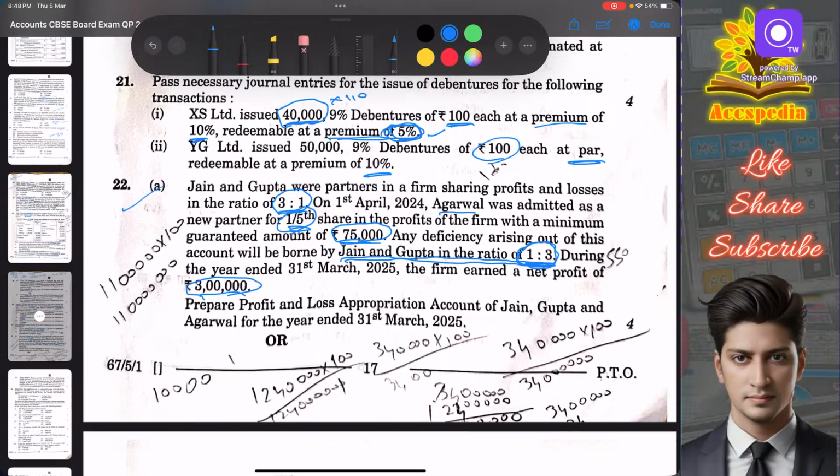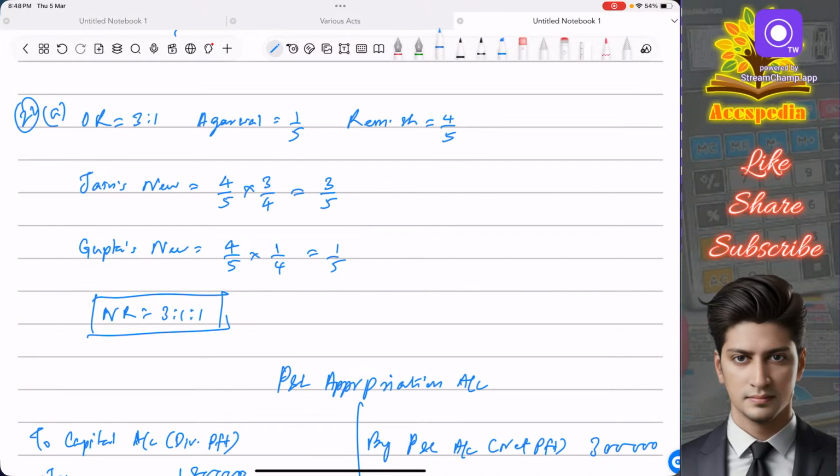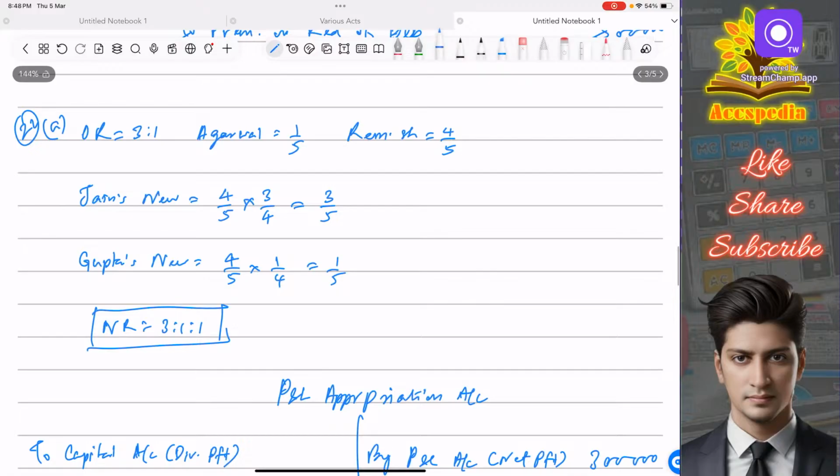Okay, this you can calculate without calculating the new ratio, but some of you find it difficult, so I have calculated the new ratio. I will also tell you how to do this sum without calculating the new ratio. Old ratio is 3:1. Agarwal is given 1/5. Since there is no information regarding how Agarwal got this 1/5, we have to do the sum with the remaining share.